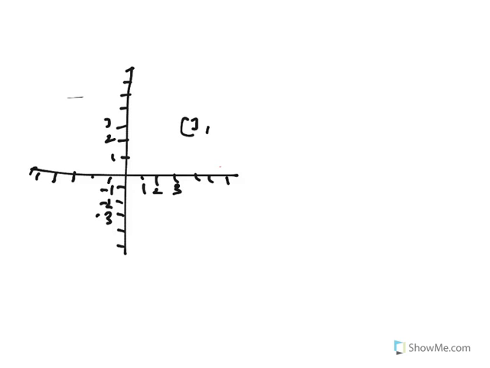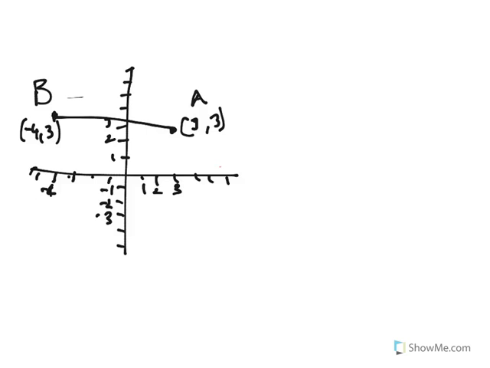So we have a point at 3, 3. Okay, and we're going to call this point A. And then we also have a point at negative 4, 3. Okay, so this is negative 4. So let's say this is negative 4, 3. Okay, and let's call this point B.